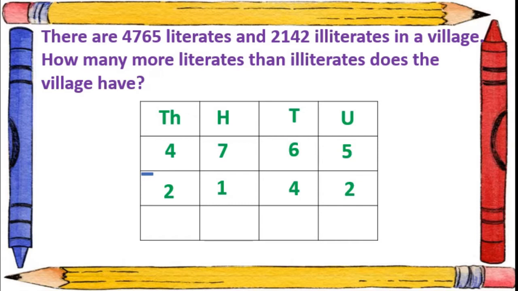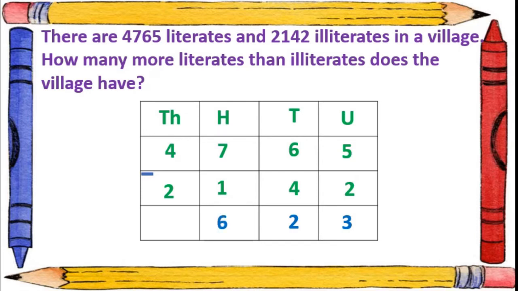Come on, we will begin with the unit place. That is 5 units minus 2 units is equal to 3 units. 6 tens minus 4 tens is equal to 2 tens. 7 hundreds minus 100 is equal to 6 hundreds.